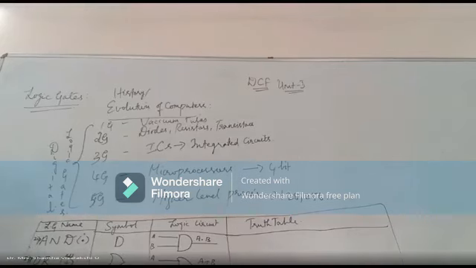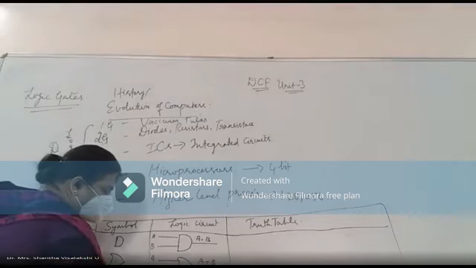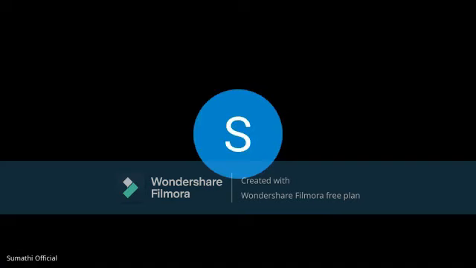If you say yes, it will return no. If you say no, it will return yes. It is just a complement value, so only one input is possible.